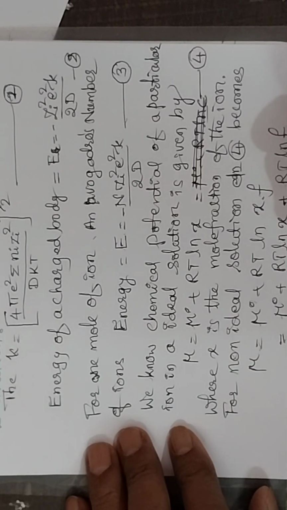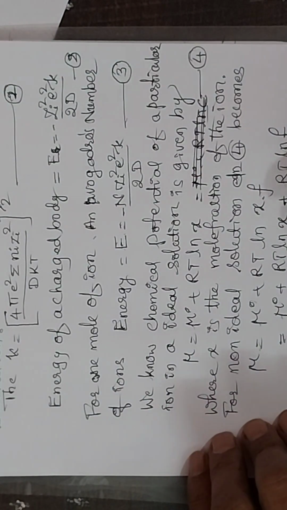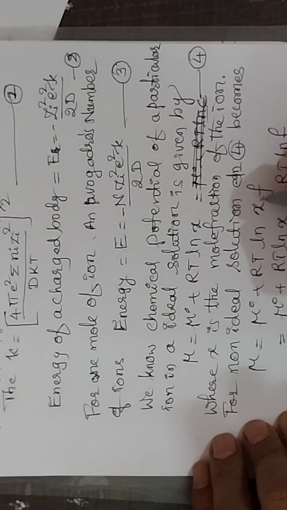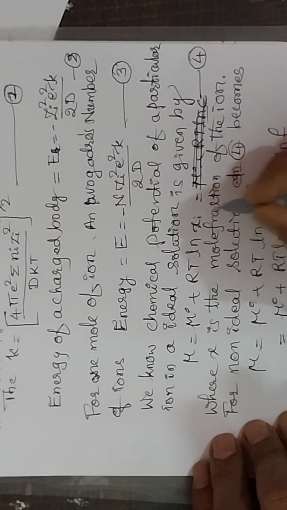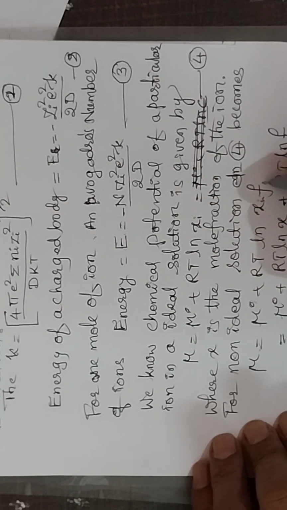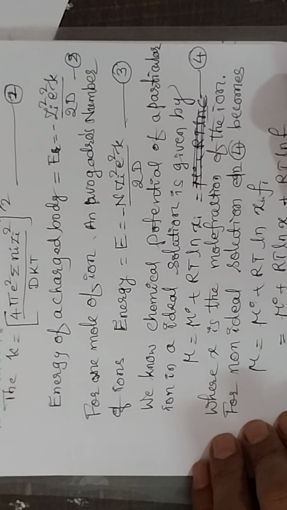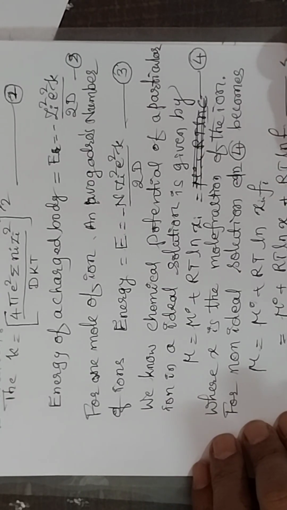This is the activity coefficient of an ion. For a particular ion, we may take it as xi, fi. Suppose this is equation 5.